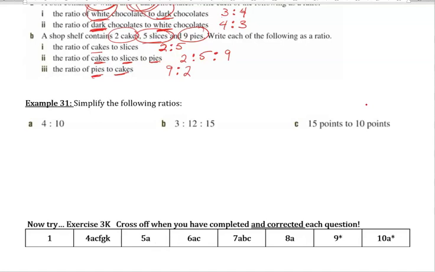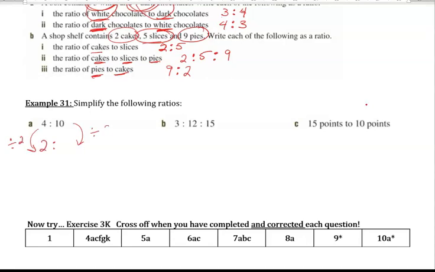So the ratio is the simplest form of that. So just like we would do with a fraction, we're going to divide both of those by a common factor. 2 goes into both of them. So 2 is a factor of 4. 4 divided by 2 is 2. And 10 divided by 2 is 5. I'm done. That's it. I can't simplify that anymore. So my ratio of one colored jelly bean to the other is 2 to 5.